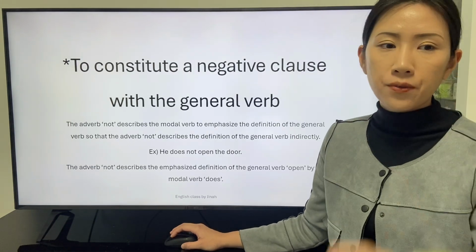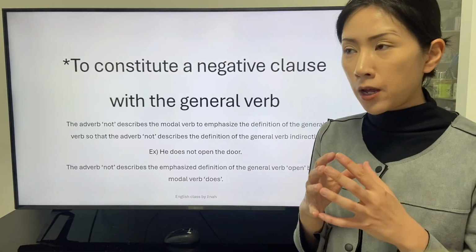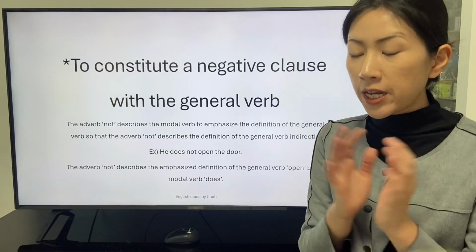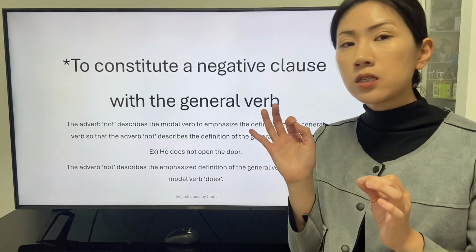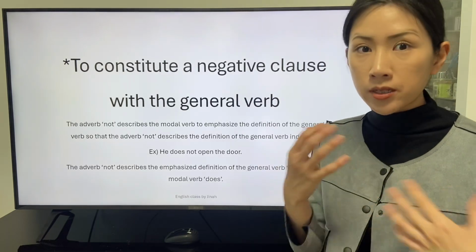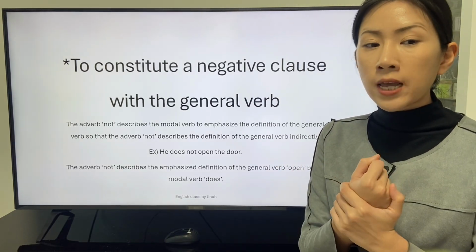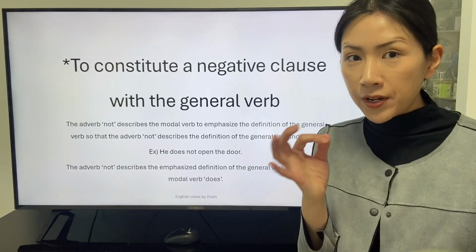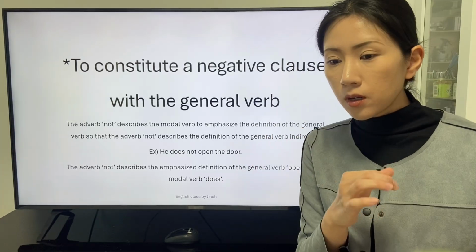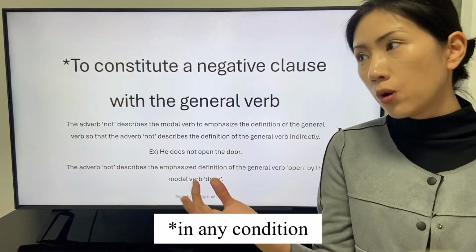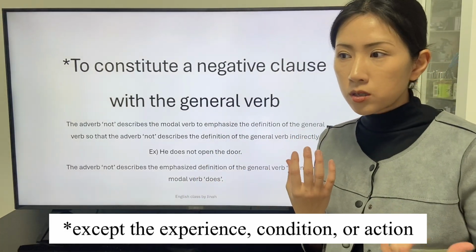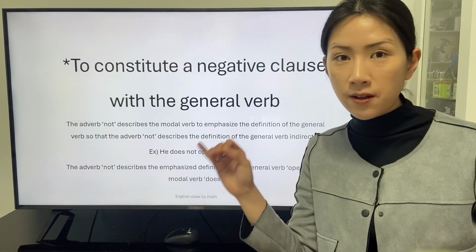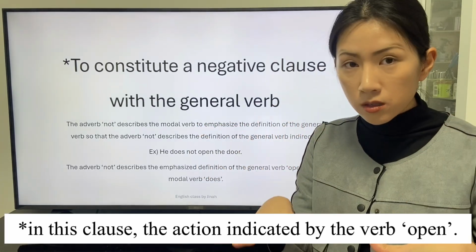There is a reason for it. Let's consider the opposite situation, that the adverb not describes the definition of the verb directly. Then the clause will convey the definition like a subject is a condition indicated by the definition of the verb open.